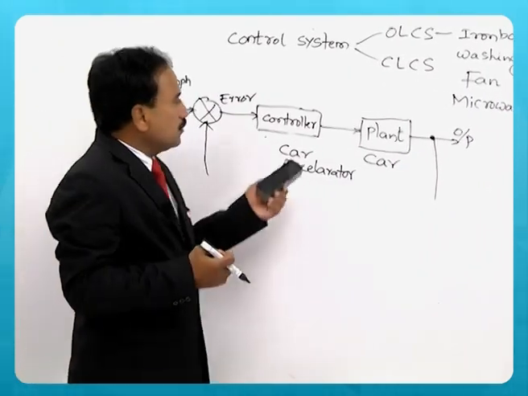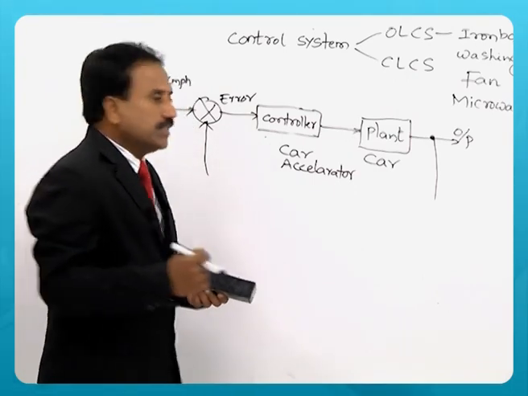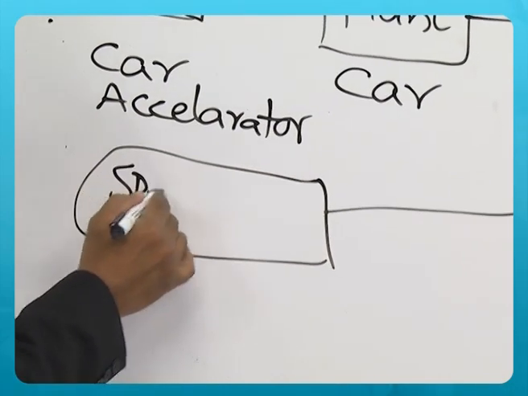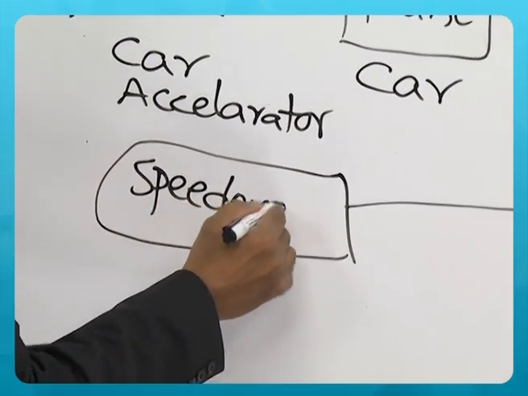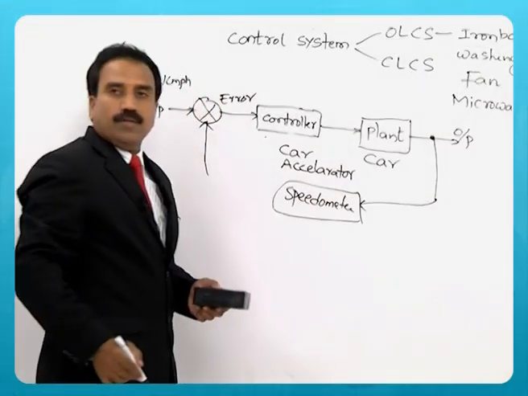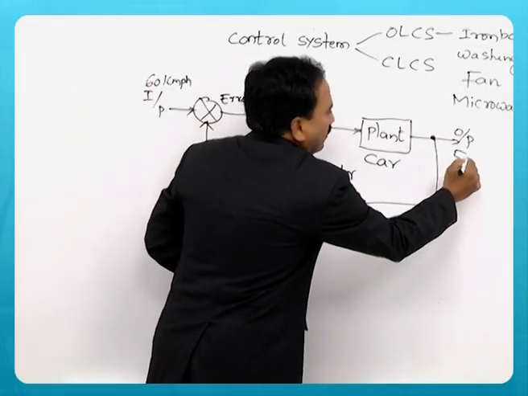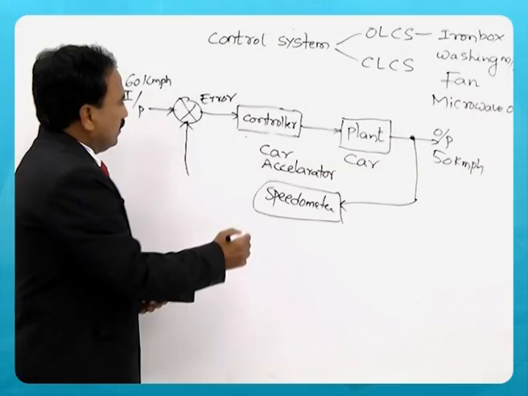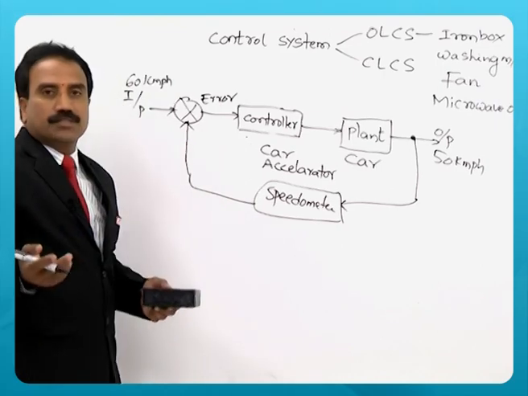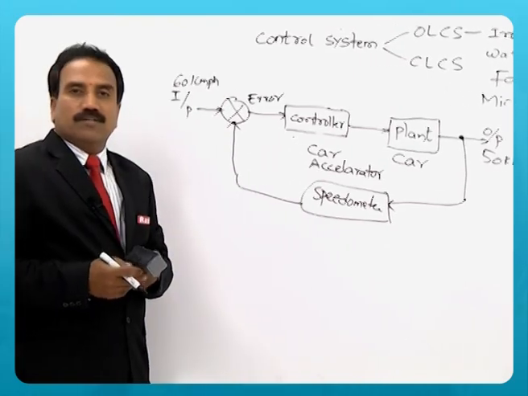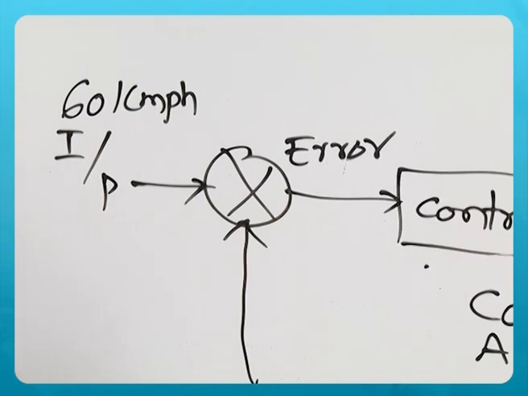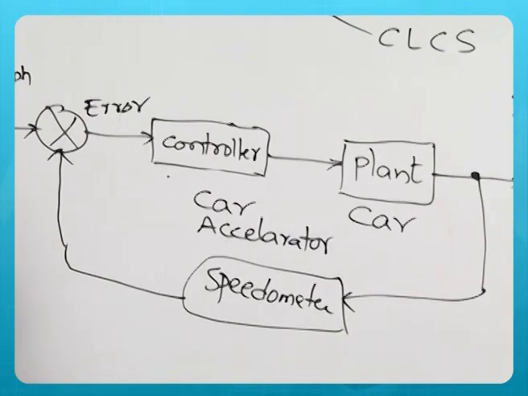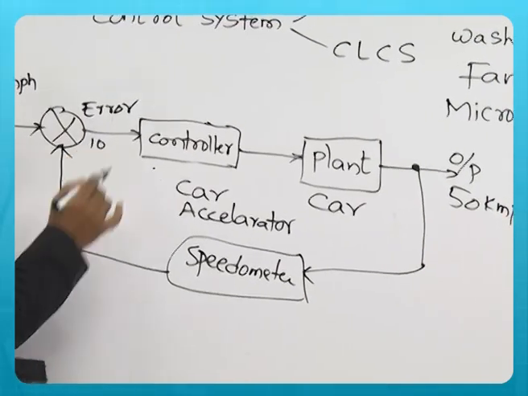But in the closed loop control system, I have a speedometer to measure the speed of the car. Say it is running at 50 kilometers per hour, and my wish is 60 kilometers per hour. So, what is the error? The error is the difference between the input and actual output, that is 10 kilometers per hour.